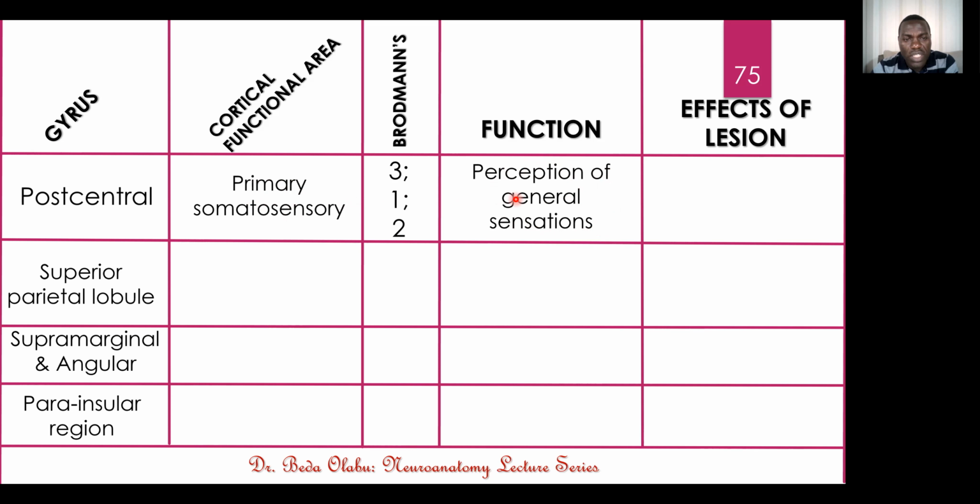Therefore, if you injure the post-central gyrus, a patient will not be able to perceive the general sensations. The term given to loss of sensation is anesthesia. But on which side will they lose the sensation?